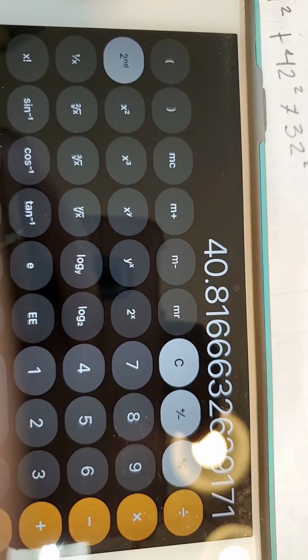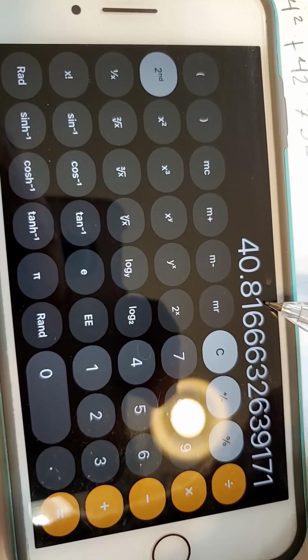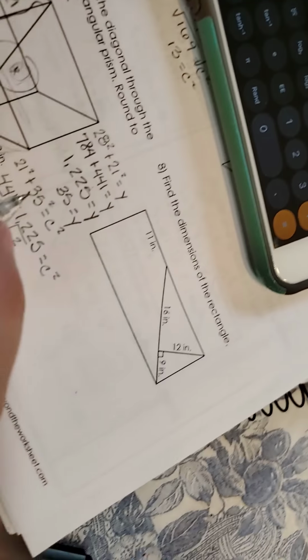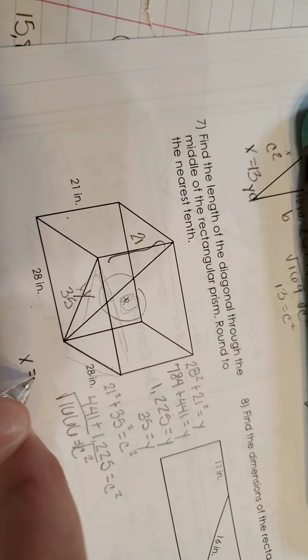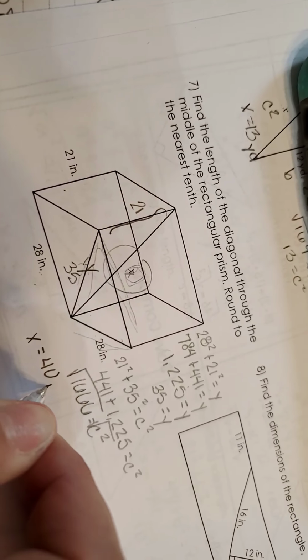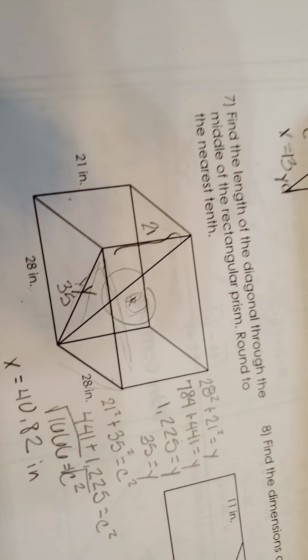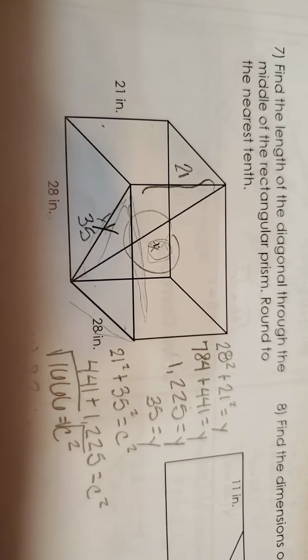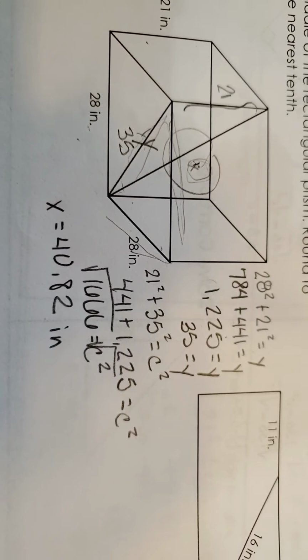We're going to round it to 40 and 82 hundredths, because of this 6, we're going to round this number up. So our x is equal to 40 and 82 hundredths inches. Okay, that is number 7.